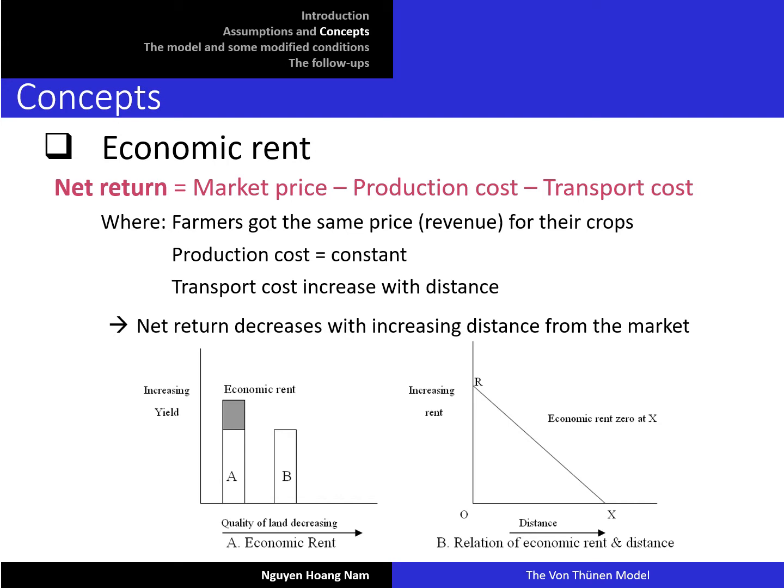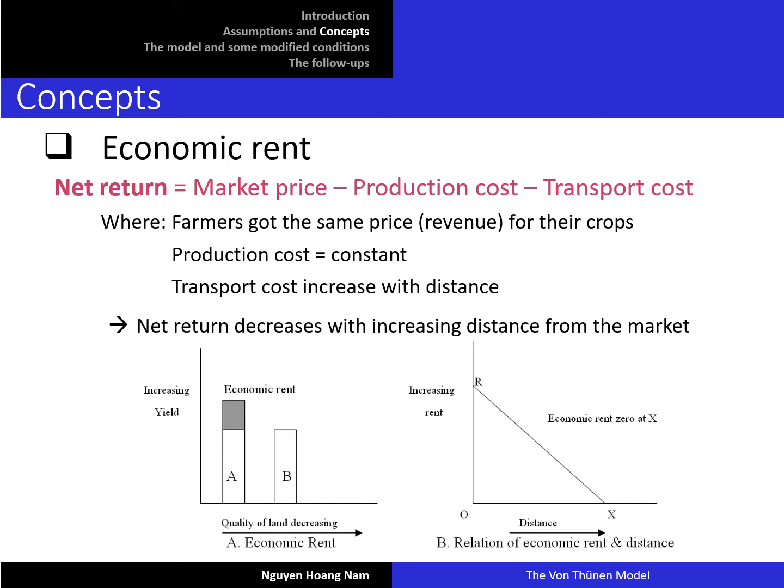In this case economic rent is net return, and net return we know already, that is net profit. Net return is equal to market price minus production cost minus transport cost. In there, farmers got the same price or revenue for their crops. So if they have the same products, the same amount of products, then they will have the same revenue.